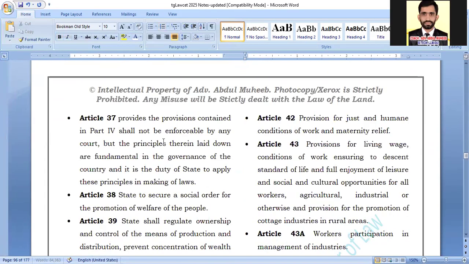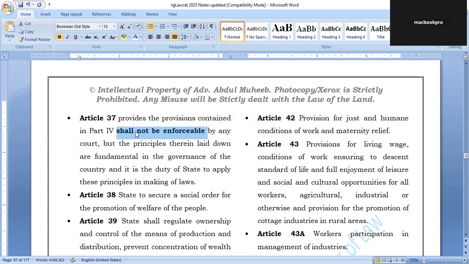Now we'll do Article 37. Please read. Article 37 provides that the provisions contained in Part 4 shall not be enforceable by any court, but the principles laid down therein are fundamental to the governance of the country, and it is the duty of the state to apply these principles in making laws.